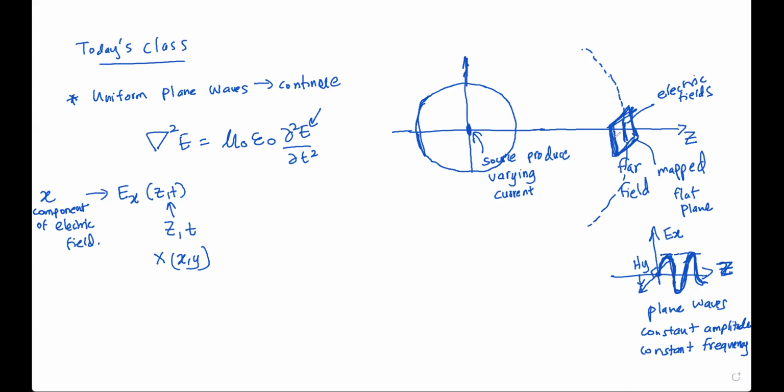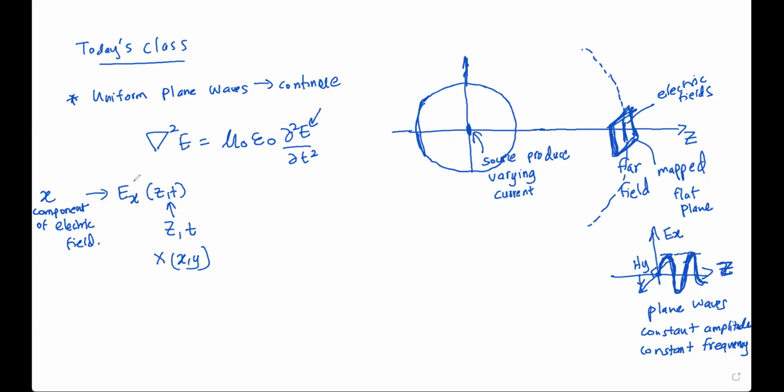Apart from that, the electric and magnetic field also do not increase their energy along the z axis. They do not increase their amplitude along the z axis. It might decrease its amplitude due to attenuation that might occur due to obstacles or interference from the environment, from the medium where it propagates. So the amplitude can decrease, but the amplitude cannot increase even in the z direction.